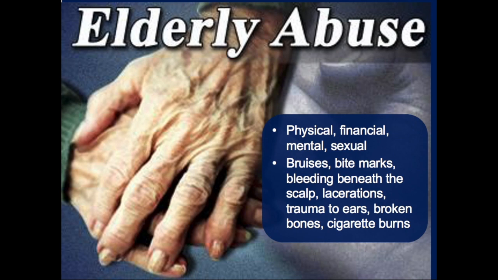I also want you to remember that these outright forms of abuse are obviously forms of abuse, but there's also neglect. And neglect is a crime in, I'm pretty sure, all states in the United States. And a lot of times there's a particular statute that applies to neglect of an elderly person.